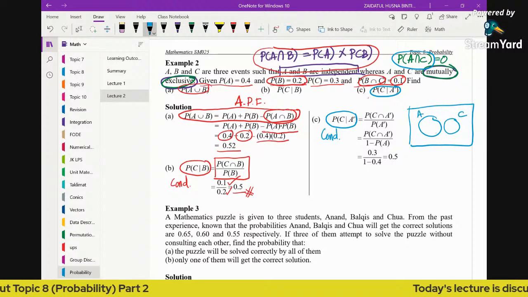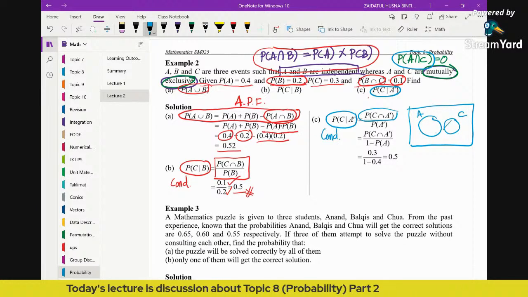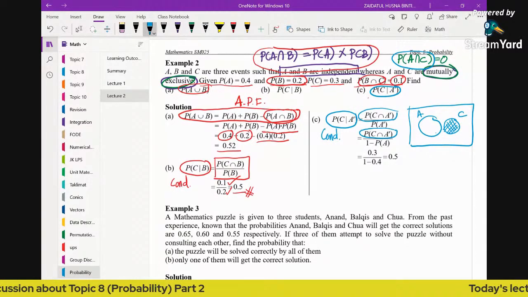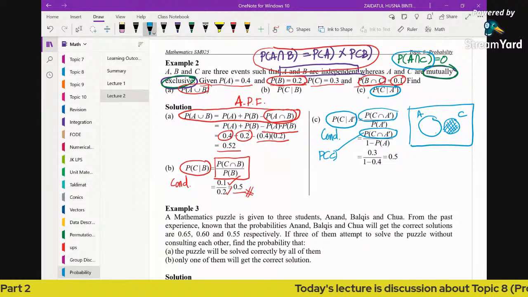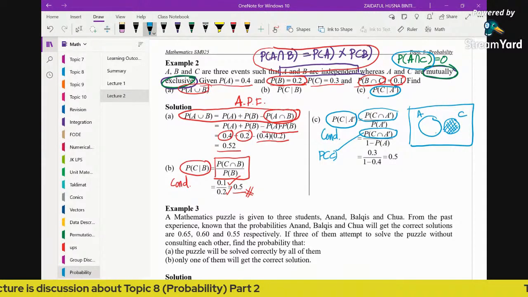So this is A, this is C. So C intersect A prime is basically P(C), because they are mutually exclusive, so there's no intersection. Which means probability of C intersect A prime will be simply equal to probability of C. Because we are given probability of C is 0.3, we substitute here.